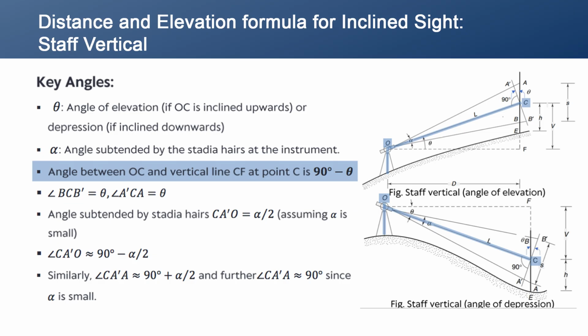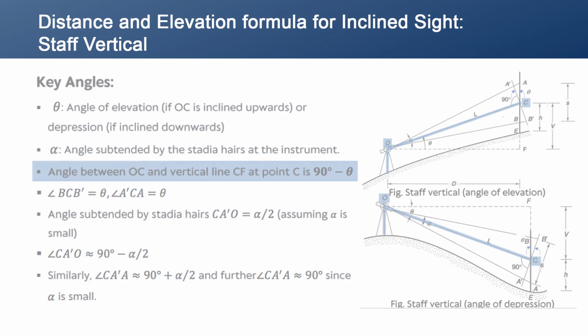So, at point C, the angle between OC and the vertical line CF is 90 degrees minus theta. It's clearly shown in the figure.